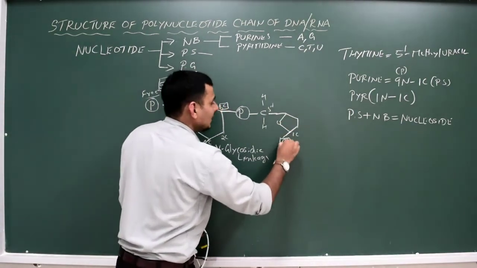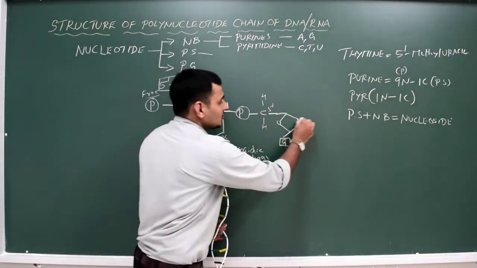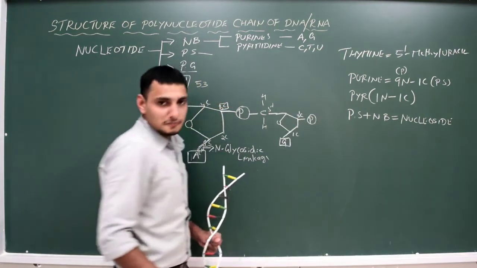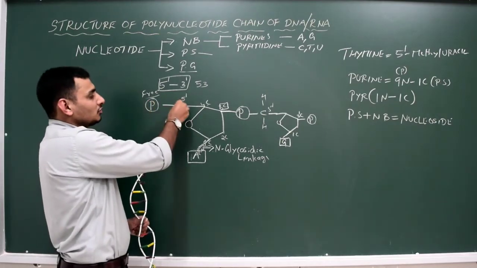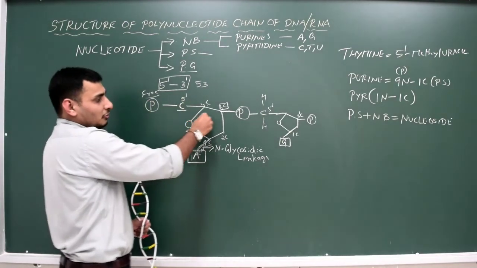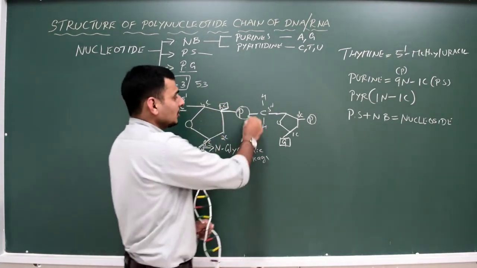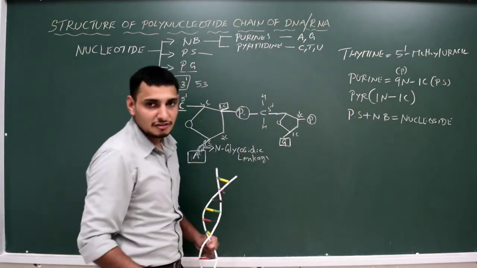You could see any type of nitrogenous base. It could be guanine, cytosine, whatever it is. This is the third carbon, and again you see another phosphate group. That means one phosphate group is attached to the 5th carbon atom of the pentose sugar, whereas another phosphate group is attached to the 3' carbon atom, and the other side of it is attached to the 5th carbon atom.